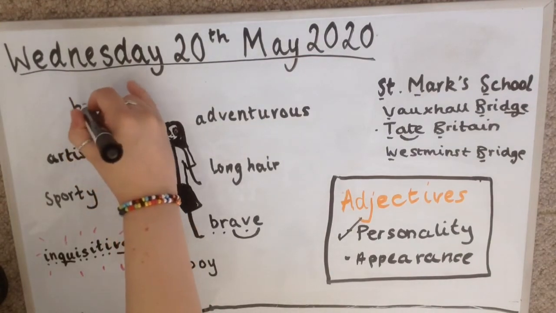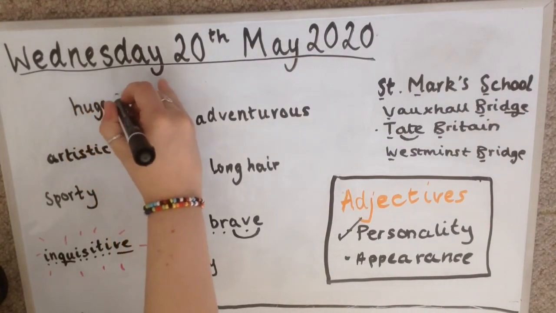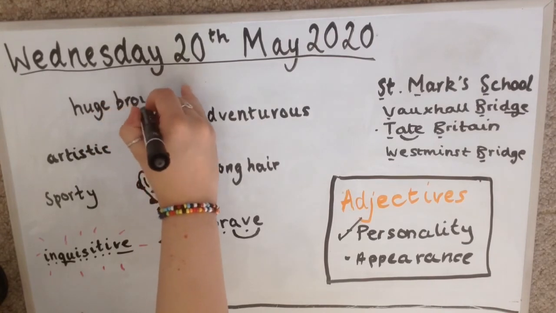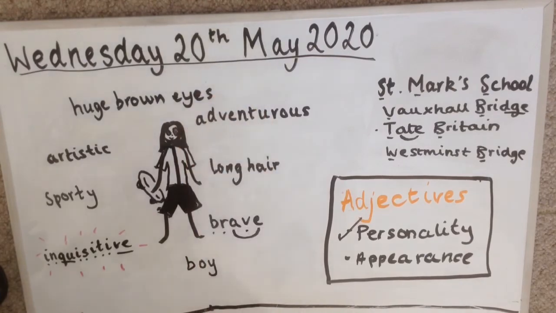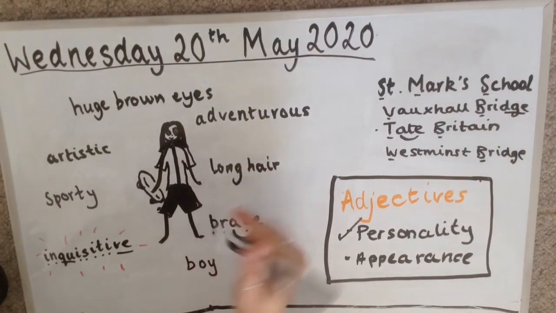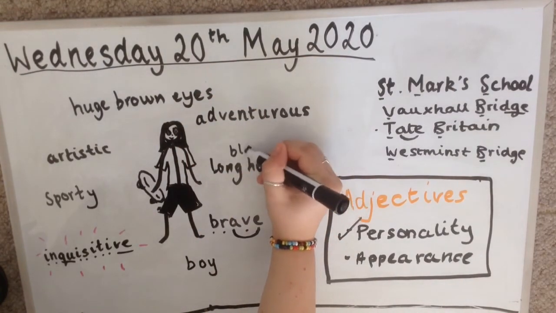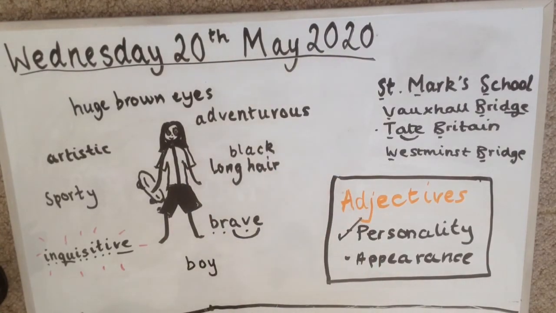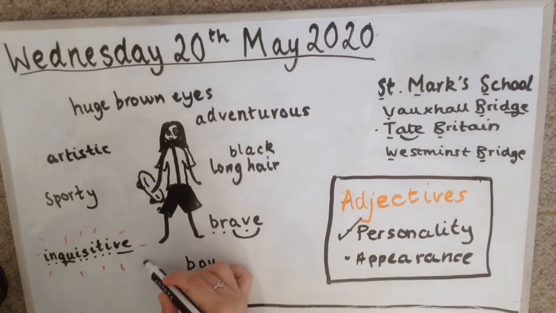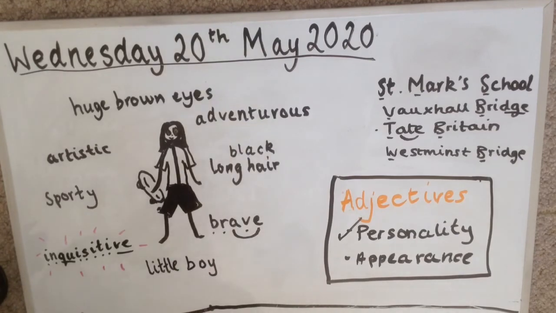And I'm actually going to write huge brown eyes to try and make it a little bit more exciting. And although I've said long hair, I might actually decide to add the colour as well. Can you see I'm still going back to it? Although I've done it, doesn't mean that I've finished. Also boy, I might want to write little boy. Okay? And then that is my appearance done.